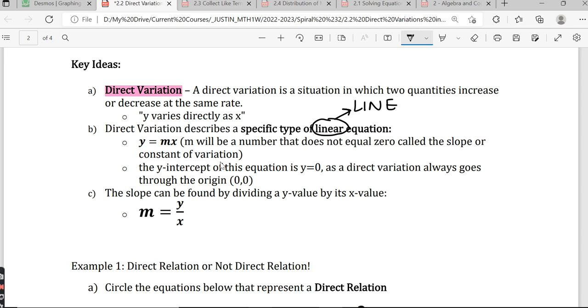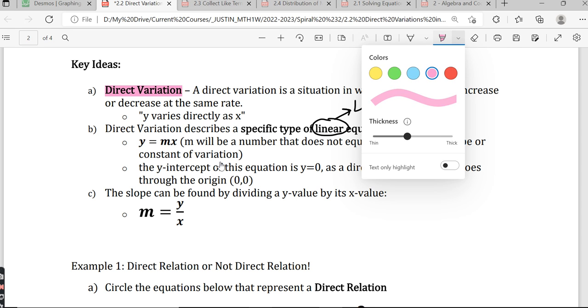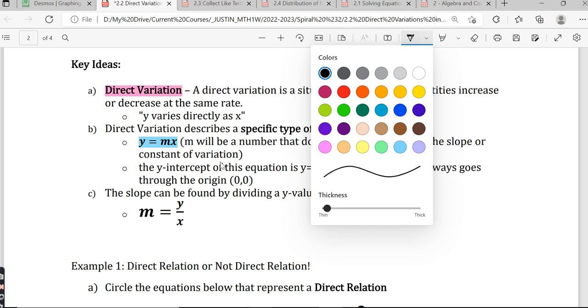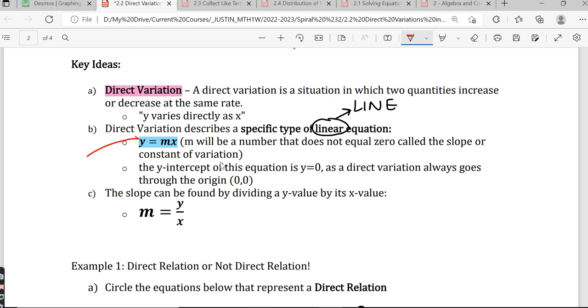And it could be written as an equation like this, y equals mx, where y is my dependent variable, and x is my independent variable. So in my previous example, y was distance and x was time.